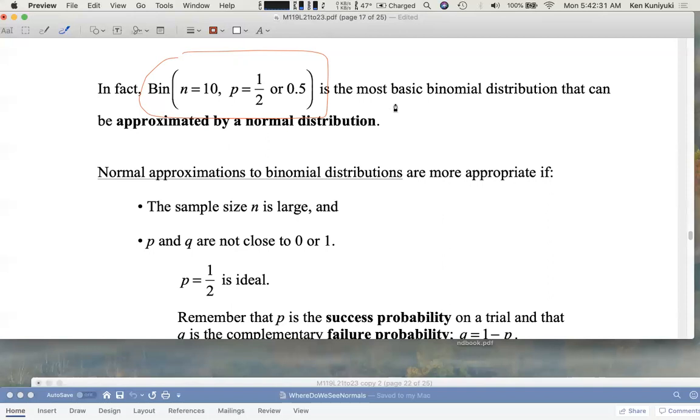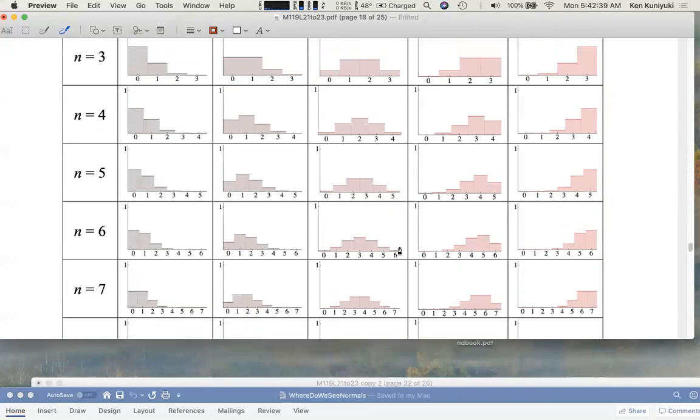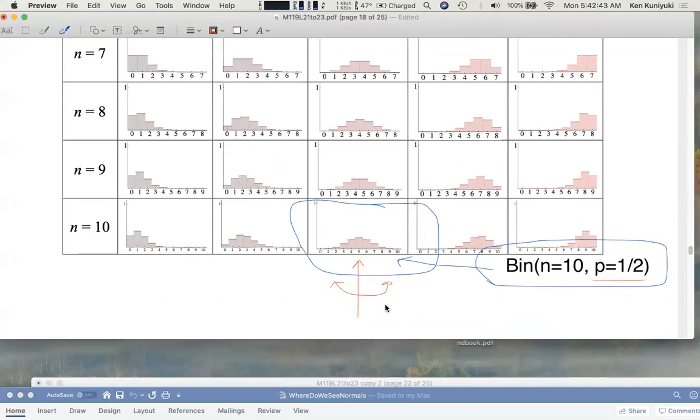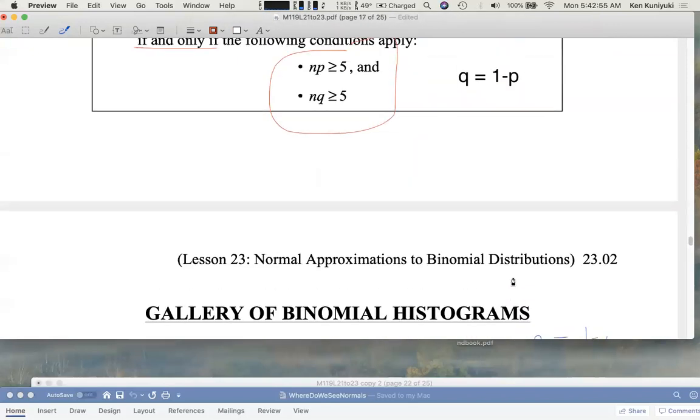It was the most basic binomial distribution that can be approximated by a normal distribution. So as n gets larger, if you consider larger values of n, like n equals 100, n equals 1,000, and so forth, then more histograms will count as normal looking. Of course, it helps to be close to 1/2 and not to be too close to 0 or 1.